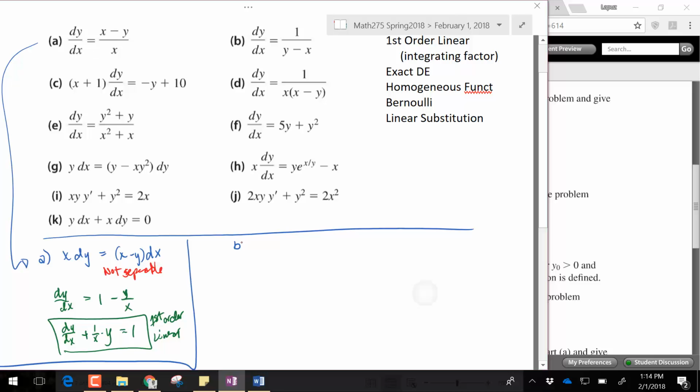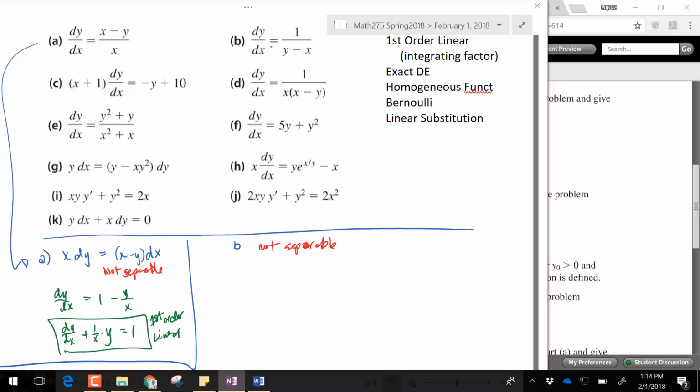Is there anything you can think about doing for B to try to make it look like first order linear? We can divide by dy/dx, or we could switch the numerator and denominator. But then you have a dx/dy, which kind of takes us out of the running for being able to solve for that. I don't think that'll work.